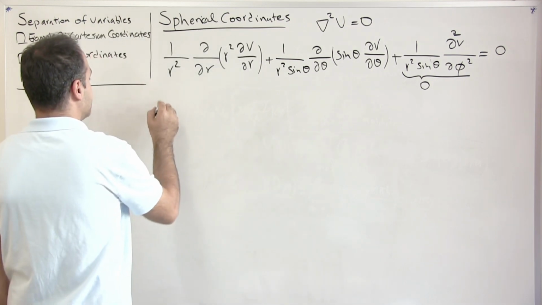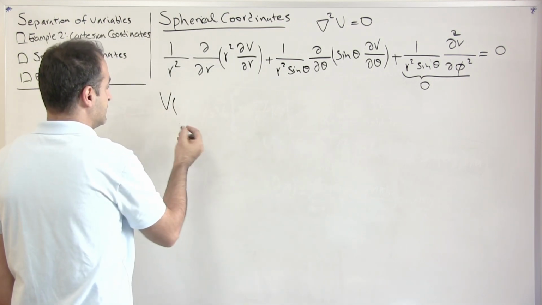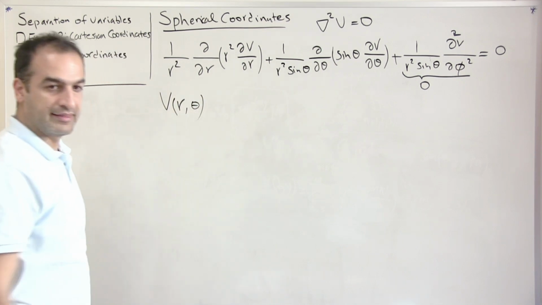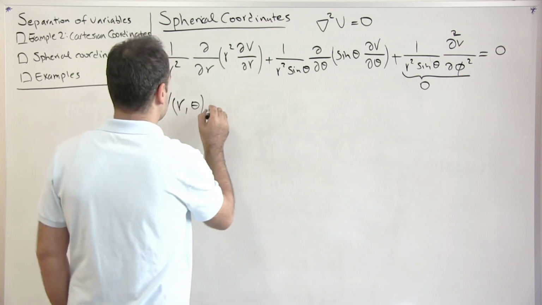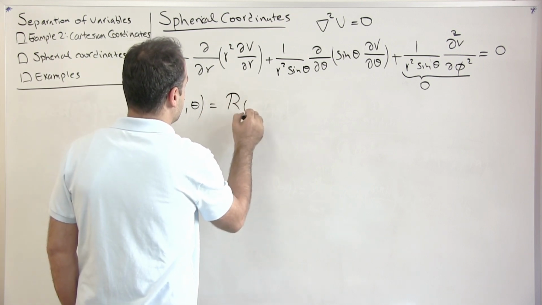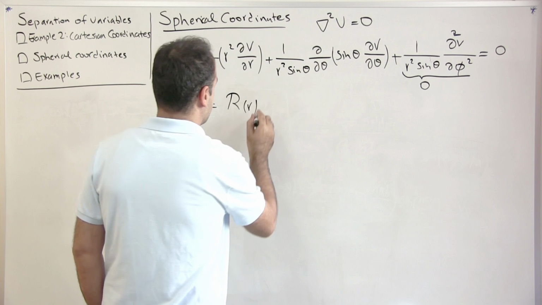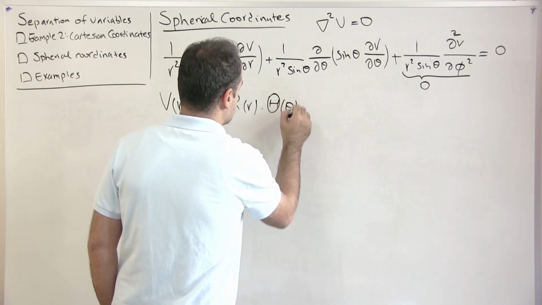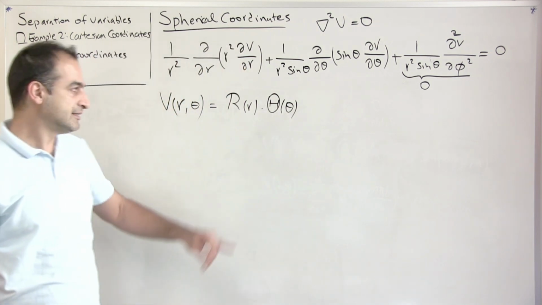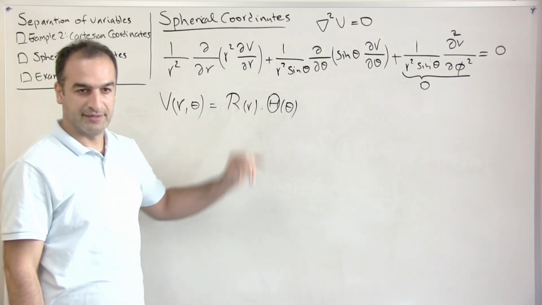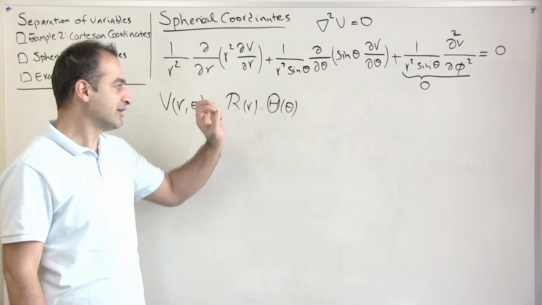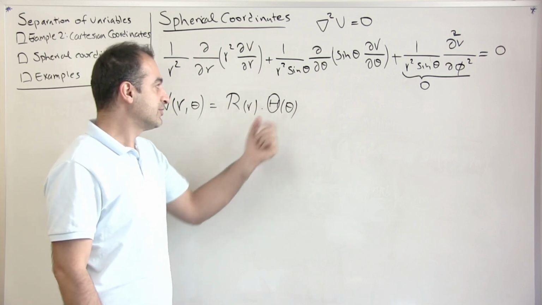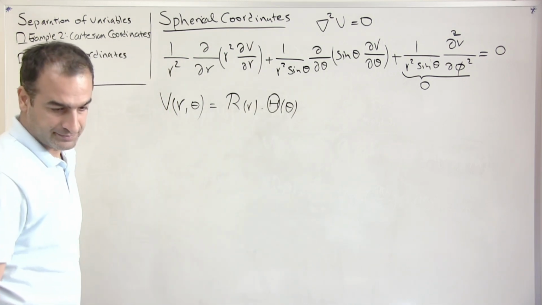What I'm looking at is solutions V as a function of R and theta being a multiplication of two functions: capital R, which is a function only of R, and capital Theta, which is a function only of theta. This symbol is capital theta; it's like an O with an H written inside it.